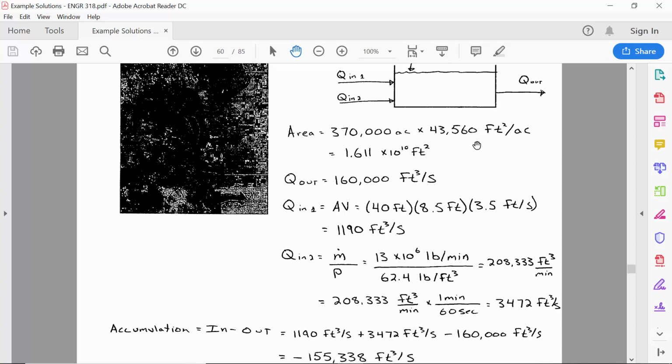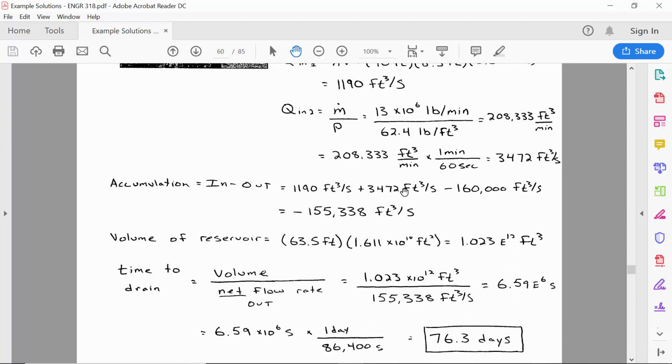So we can get volume from the average depth. We already know the area, and it says that the average depth is 63.5 feet. So from the top view area, in terms now of square feet, and the average depth, we get the volume of the reservoir.